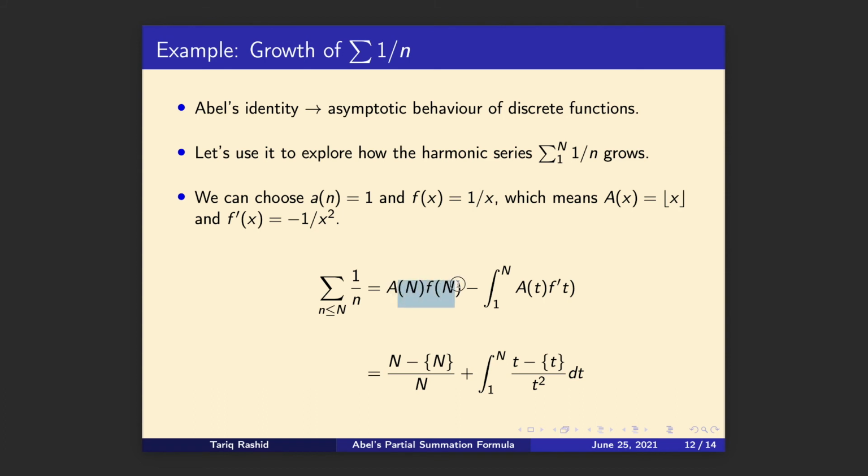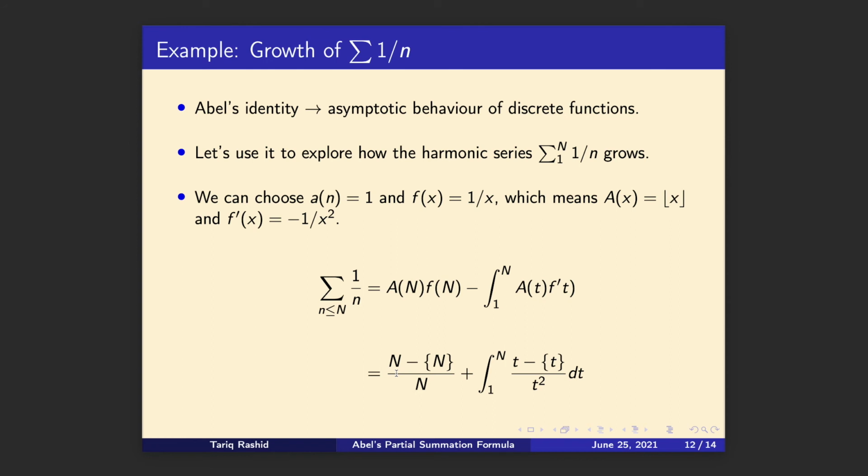We've got the two limits. We've got A(n) f(n), that's the upper limit. We're saying the bottom limit is 1, n is 1. And we then say minus the integral from 1 to n of A(t) times the first derivative. I've missed out the dt there. And a bracket. I'll fix that.